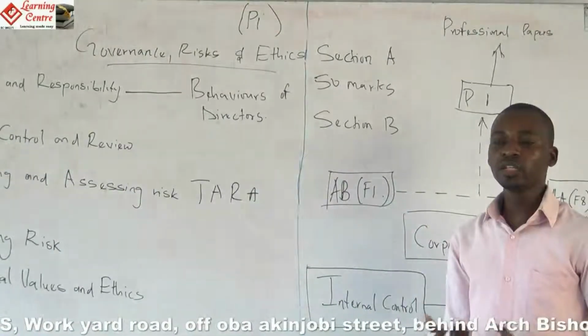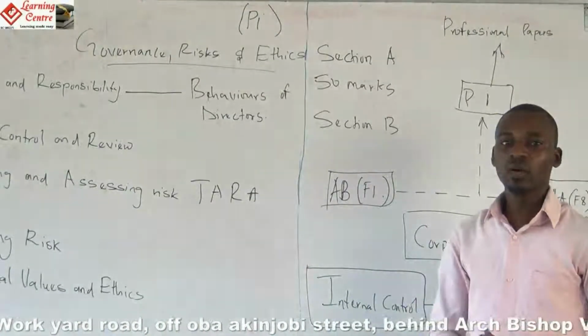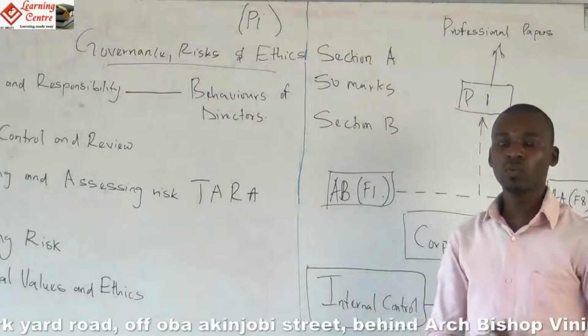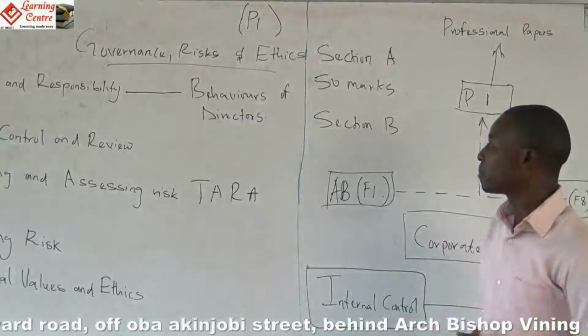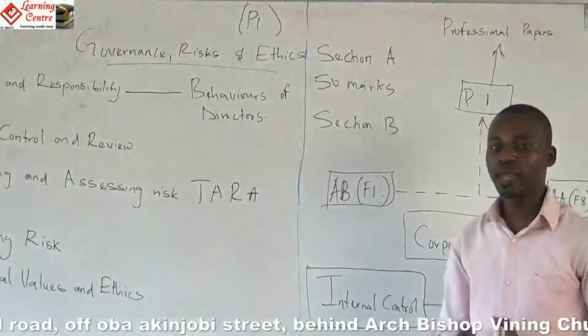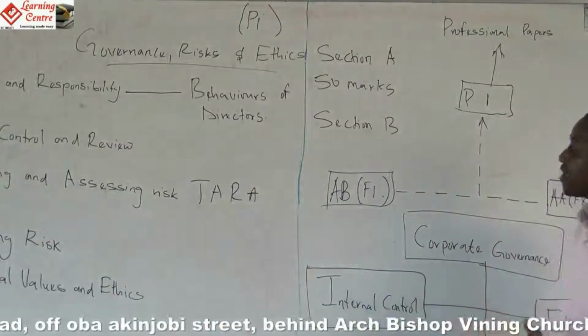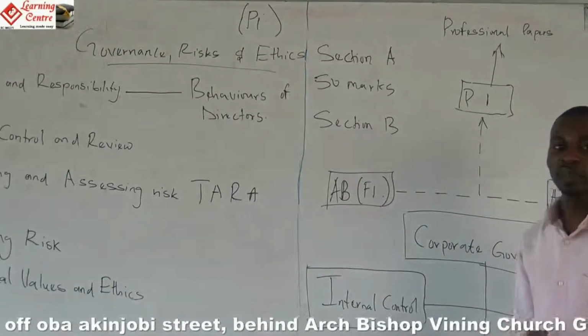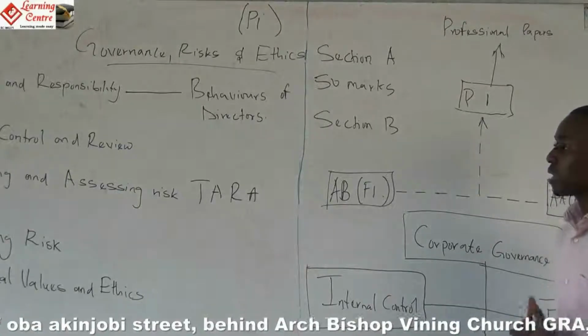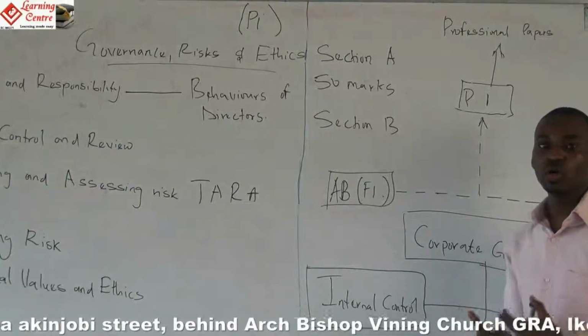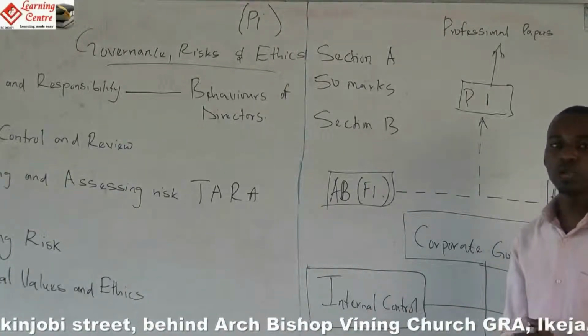So you will need to get a good understanding of how the business world works. It is important that in order for you to prepare and to perform very well in your forthcoming examination, you will need to gain a good understanding of how the corporate world operates.